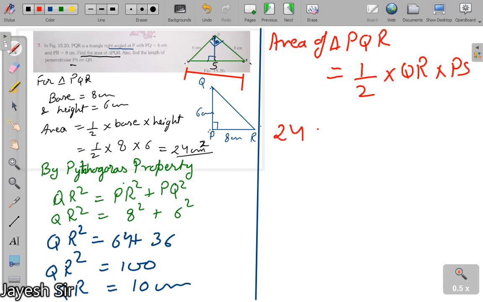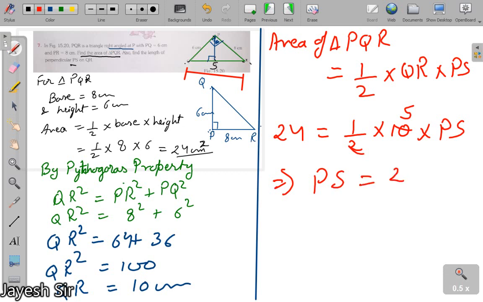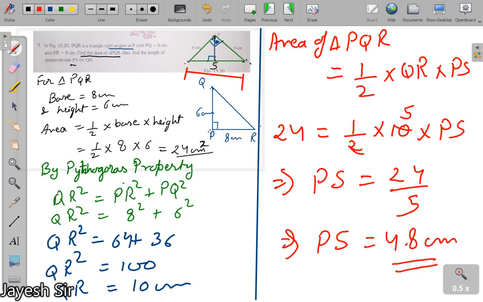That means 24 is equal to 1 upon 2 into QR. QR is 10, we just determined, and PS we don't know the value of PS. So this will be PS is equals to 24 upon 5, and if we simplify that, PS will be equal to 4.8 centimeters. I hope you get the solution.